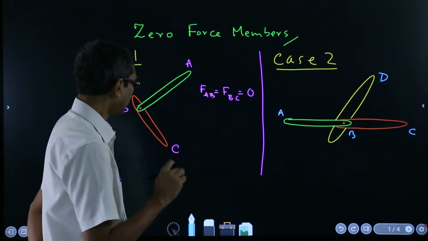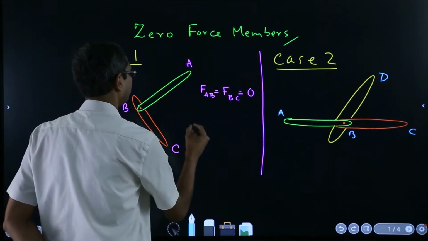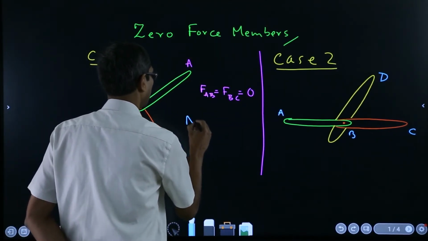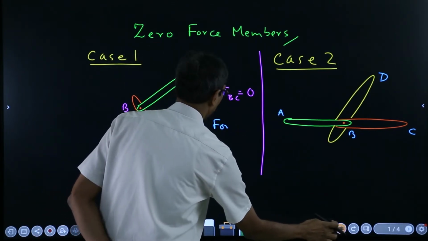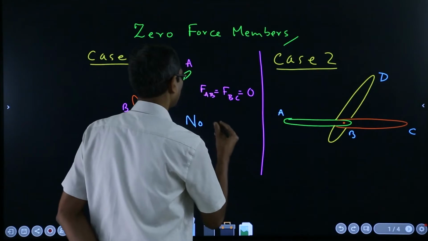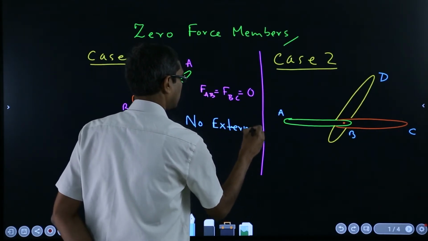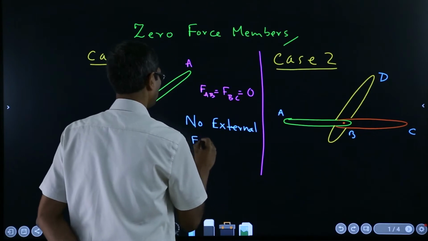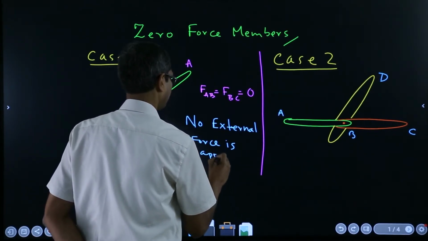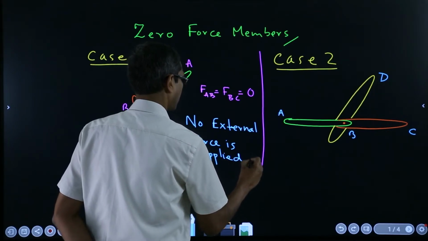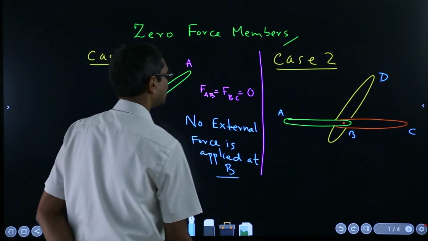Then, if there is no force, so I should mention somewhere, because that's very important, in both the cases, I'll say no external force is applied at B. That's important.